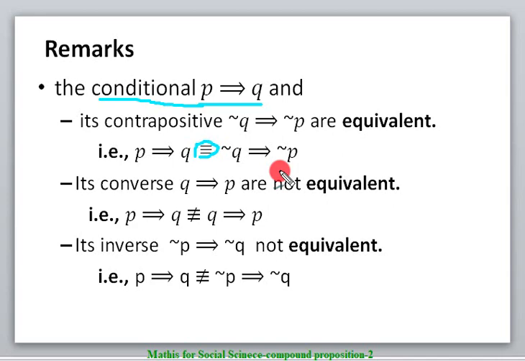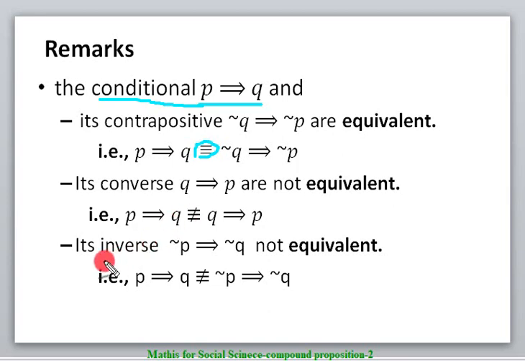When you are talking about equivalence, you are talking about the sameness of the truth value between propositions. What about the relationship between the conditional statement and its converse? They are not equivalent. P implies Q is not equivalent to Q implies P. You should not forget this. Again, you can cross-check in our second tutorial. What about its inverse?